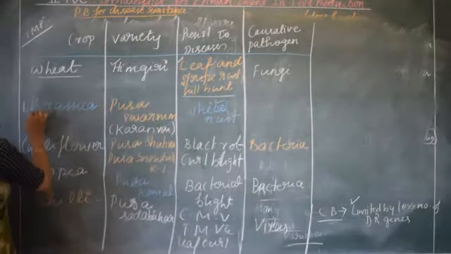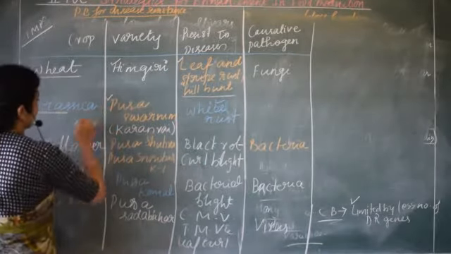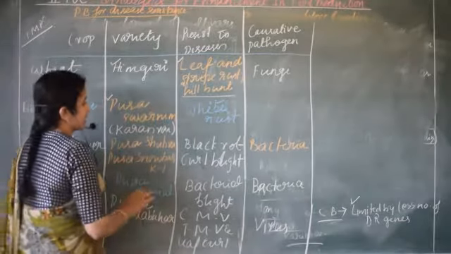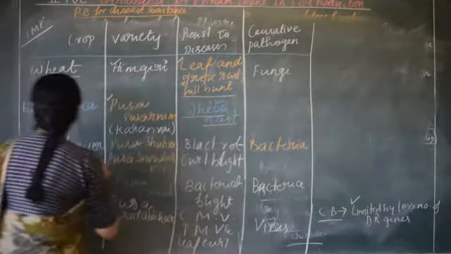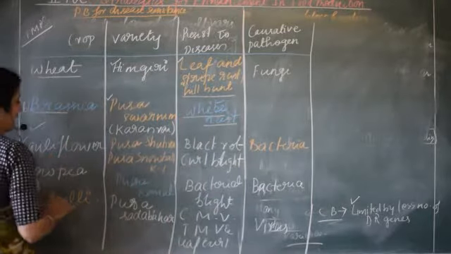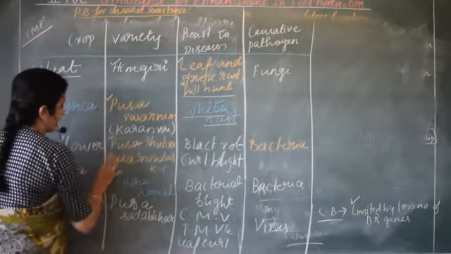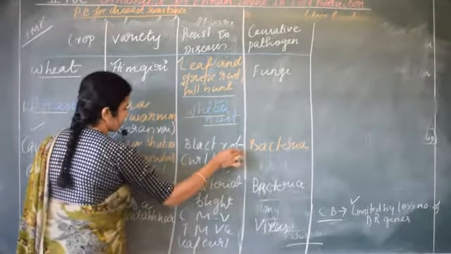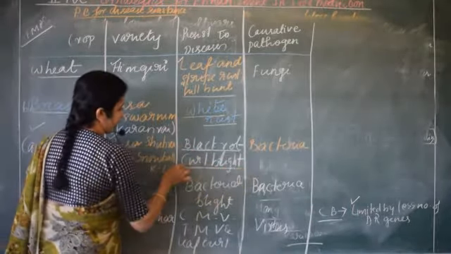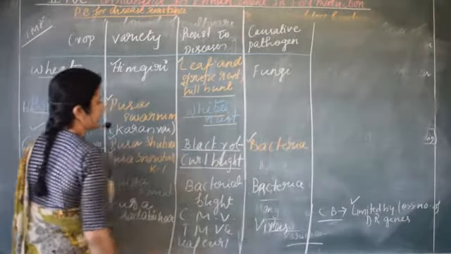Then Brassica, its variety name is Pusa Swarnim. It is resistant to white rust disease. Then cauliflower, the variety names are Pusa Shubra and Pusa Snowball K1, which can resist black rot and curl blight, caused by bacteria.